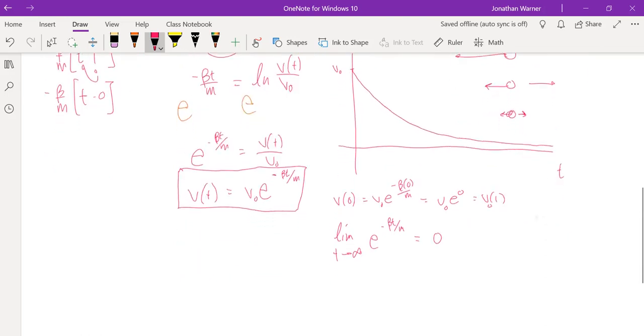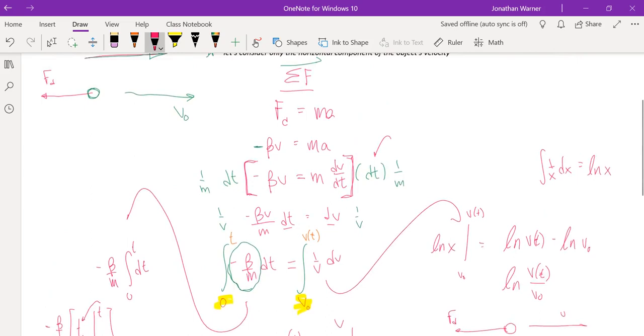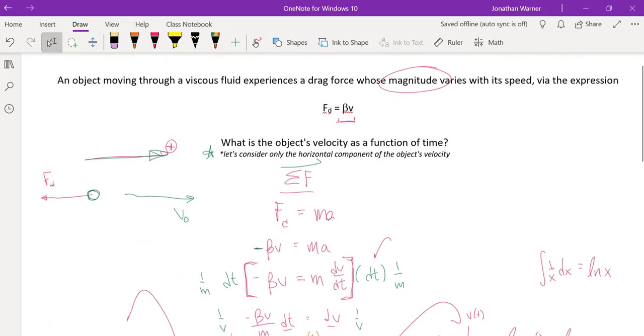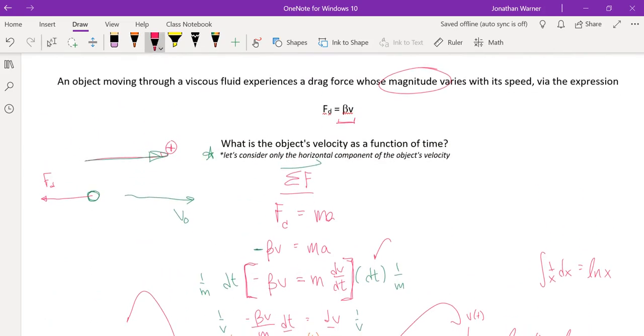So that's a pretty cool application of a neat mathematical model where we say that acceleration, really force, but therefore acceleration, varies linearly with v.